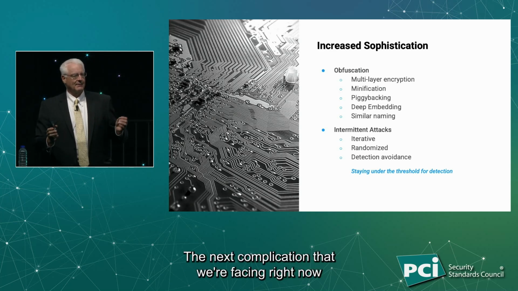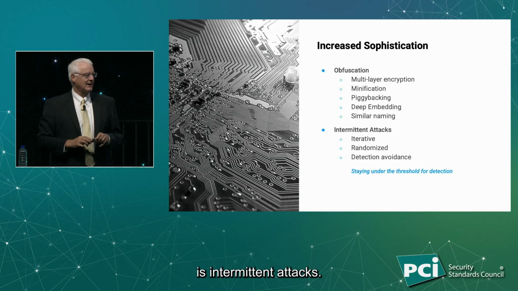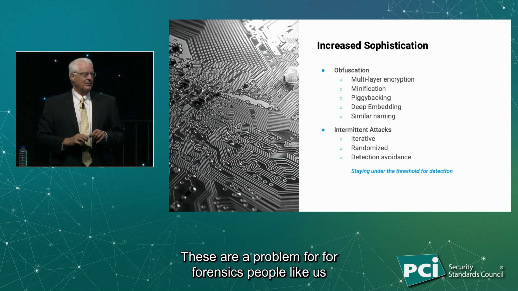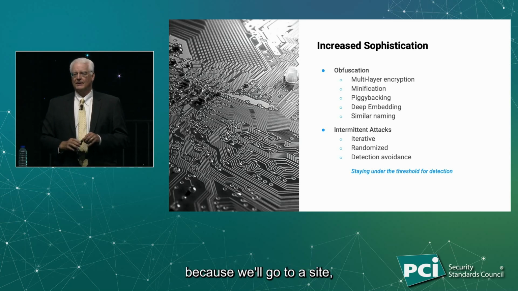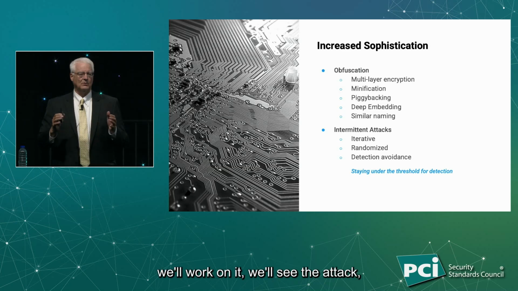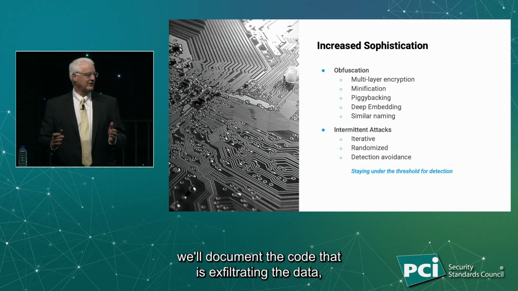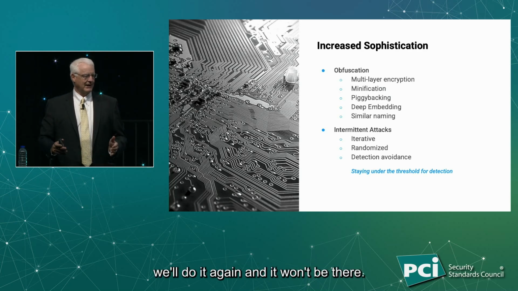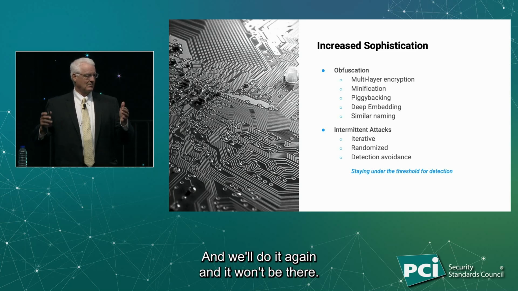The next complication that we're facing right now is intermittent attacks. These are a problem for forensics people like us, because we'll go to a site, we'll work on it, we'll see the attack, we'll document the code that is exfiltrating the data, we'll do it again, and it won't be there. And we'll do it again, and it won't be there.